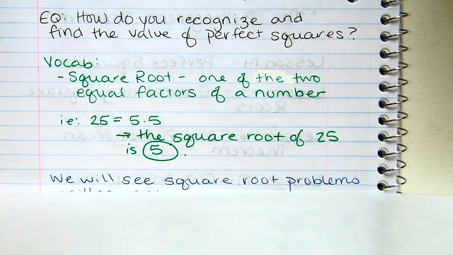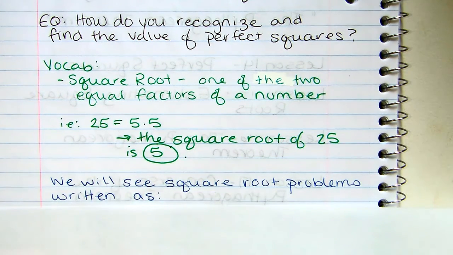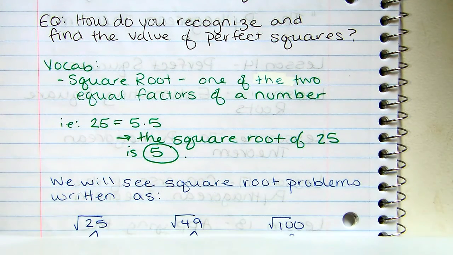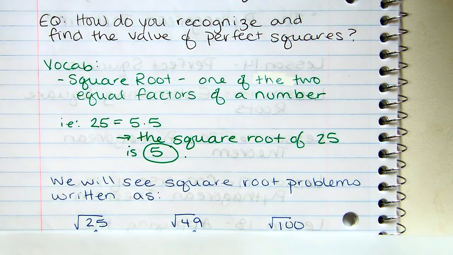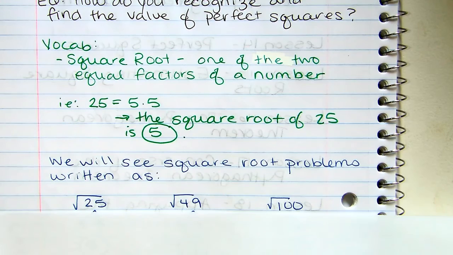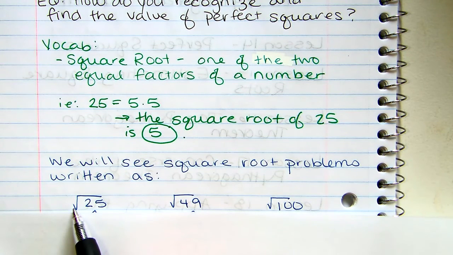Next, throughout this unit, you will see different square root problems, and those square root problems could be written as the square root of 25, the square root of 49, and the square root of 100. That is what this sign means right here. It's asking you to find the square root of.